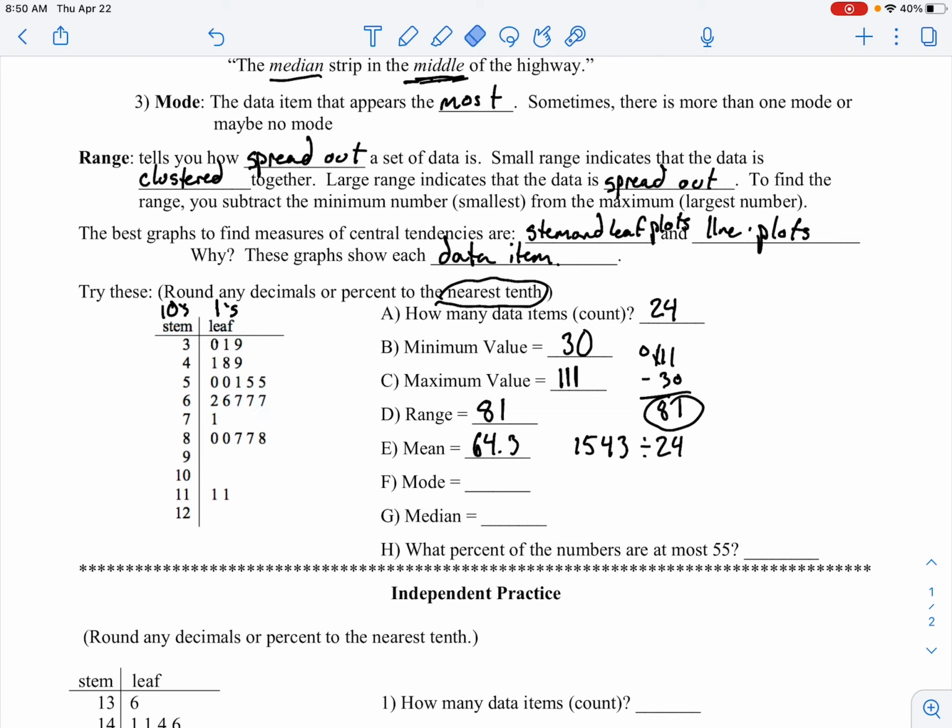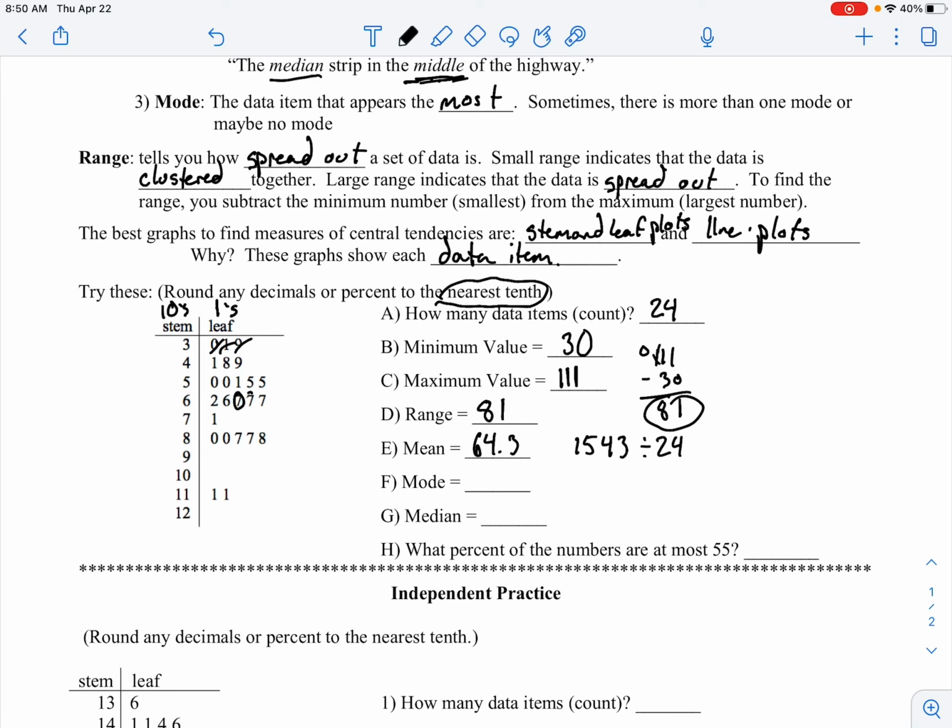All right, let's erase all this so I can see it again. Now the mode, we've got to find the number that happens the most often. Well, 30 only happens once, 31 once, 39 once. So we're looking for numbers where we have more of the same leaf than any others.